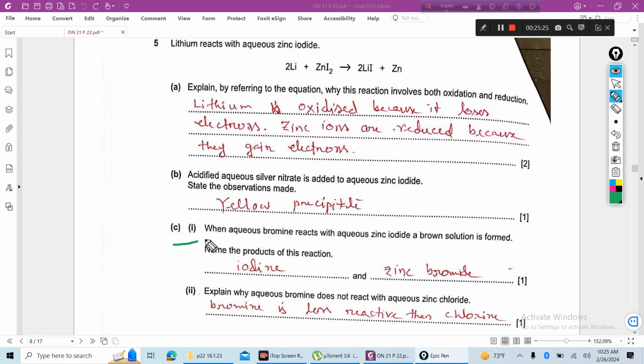Now C1, when aqueous bromine reacts with aqueous zinc iodide, a brown solution is formed. Name the products of this reaction.